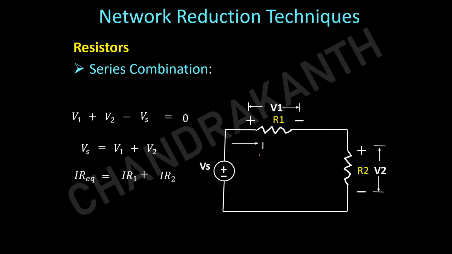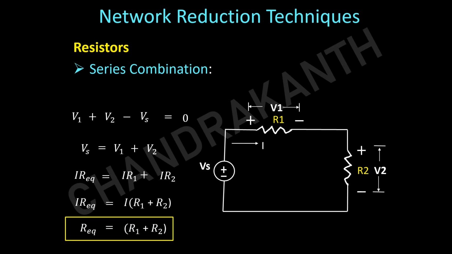So total current is I. The total resistance can also be represented as R equivalent. So if you take I common from this and cancel, you will get R equivalent as R1 plus R2. This is the formula we need to follow if the resistors are connected in series.